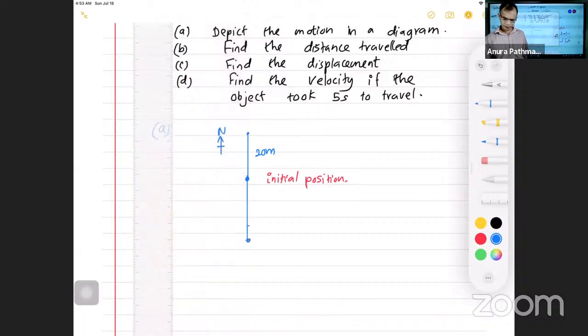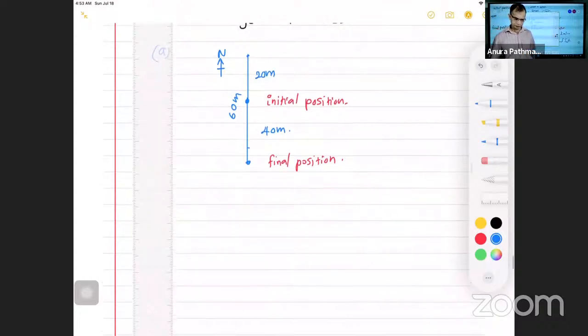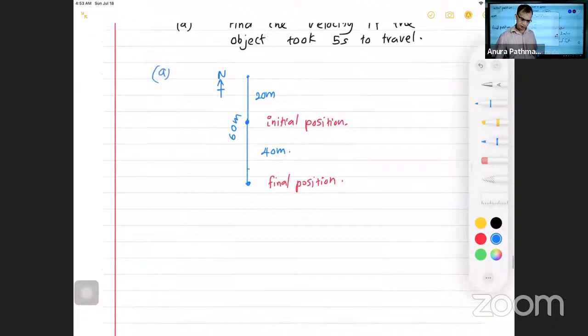This is the final position, and that value is 40 meters. The total length is 60 meters. So you have to depict that.